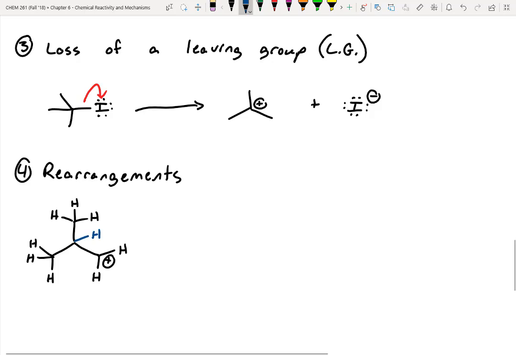All right, if we think about the carbocation that I've shown, is it going to be considered a primary, secondary, or tertiary carbocation? Another way of thinking of that is how many other carbons is it attached to? It's primary, right? So that carbon that has a positive charge is only attached to one other carbon, so this would be a primary carbocation.